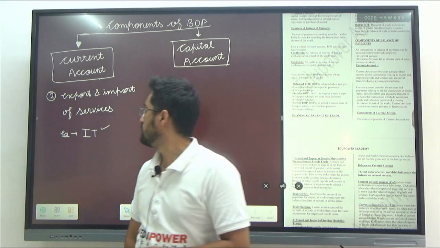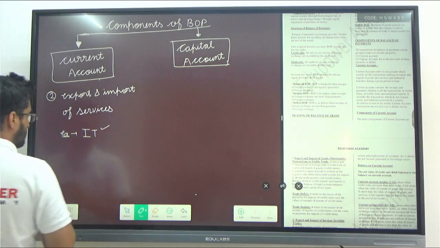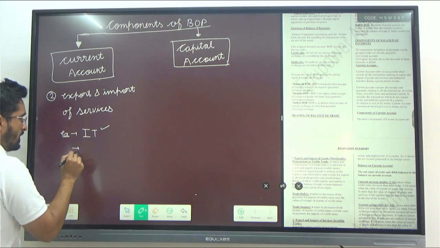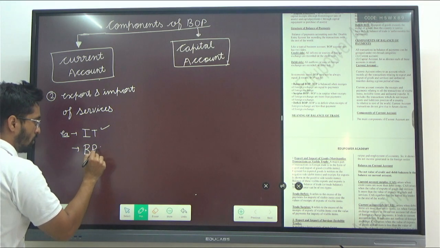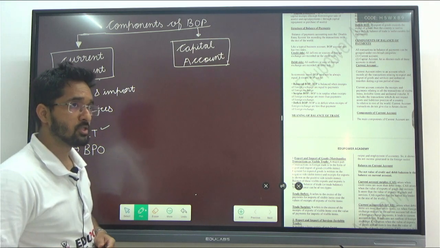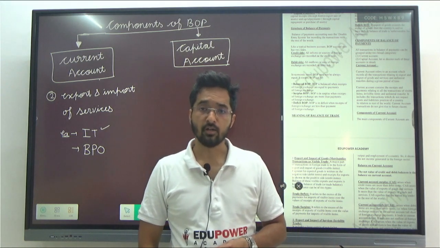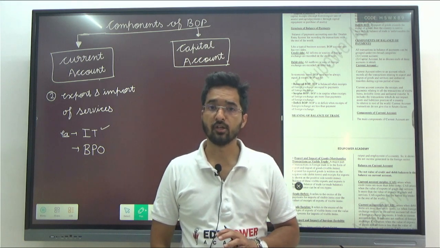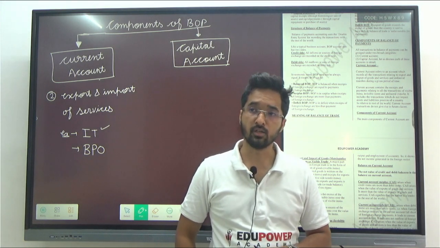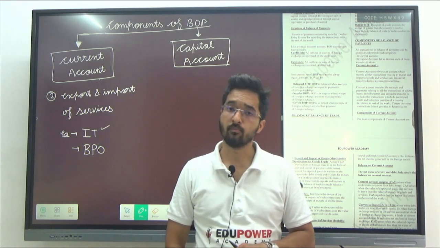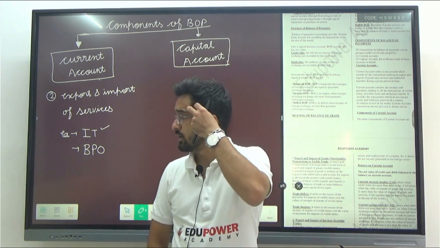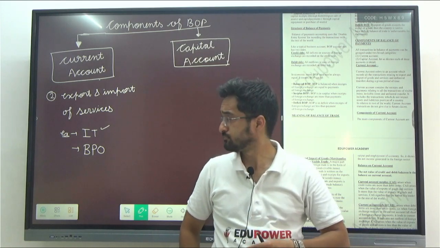Now, IT services. What else? What all services do we provide? Business process outsourcing, call center services. Suppose Amazon USA has established a call center in India. The Indian call center helps them manage their clients and their business.